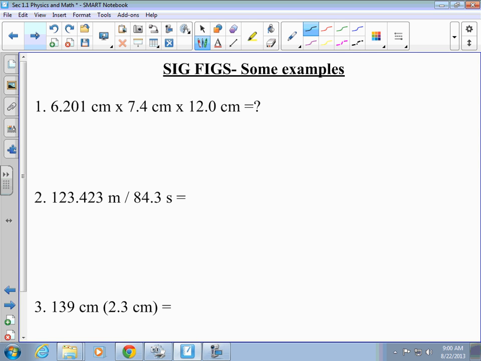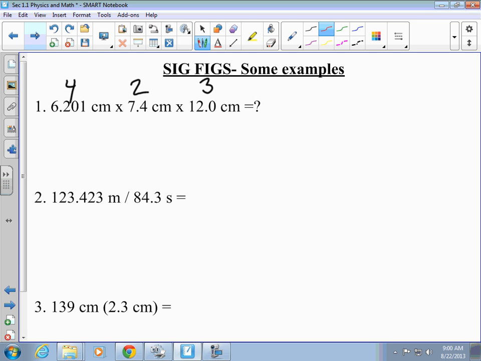So we take a look at this: 6.201 times 7.4 times 12.0. Well, let's go through right away and figure out how many sig figs. 6.201 has 4, 7.4 has 2, and 12.0 has 3, which means that our answer has to be in 2.